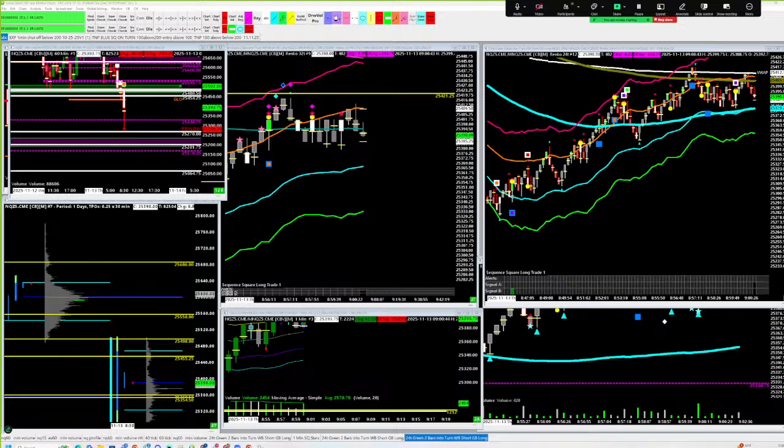I mean, what a battle. And what a bummer of an open, too. It'd been nice if they let it set up. I need to get underneath 25,379 to consider a short, especially in this situation, or we need to get above the 200 to consider a long. So I'll let them do whatever they've got to do to make that happen.